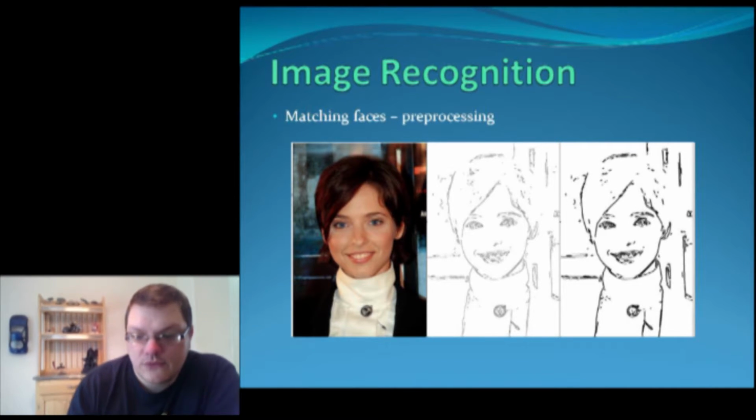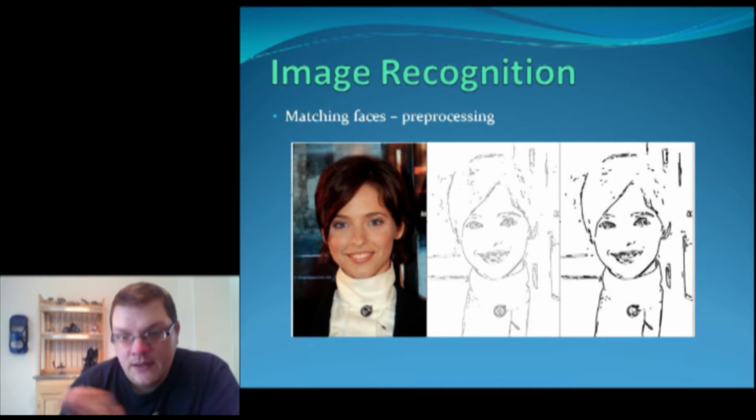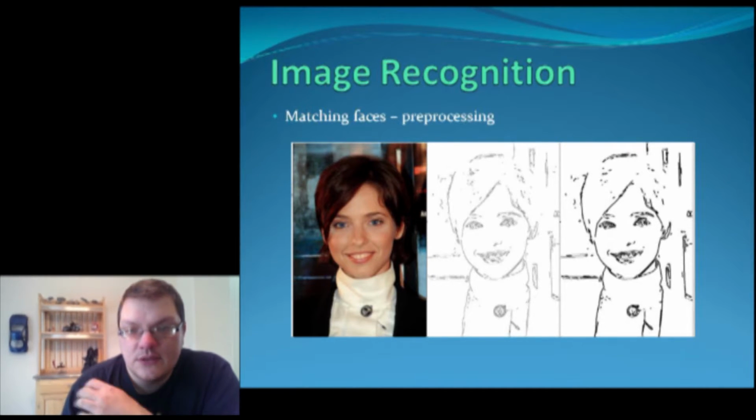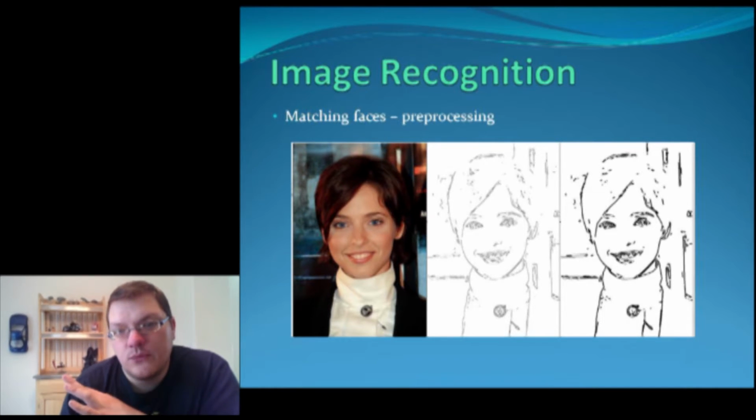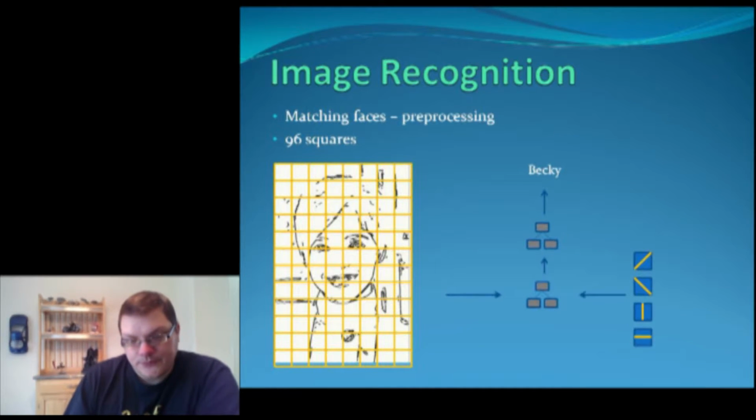I don't know Photoshop well enough to know which filters and which adjustments would be needed to make this absolutely happen, but basically you're going to process the image to the point where you just see the edges. Once we have that, we can then break up the image into pixel blocks, if you will, small enough processing blocks to feed into a single neural network.